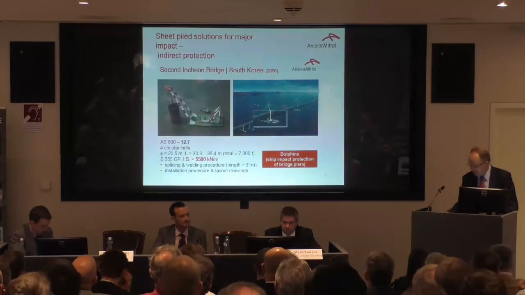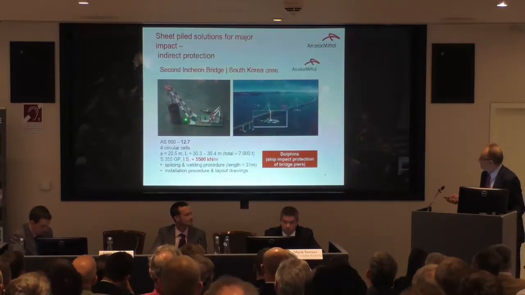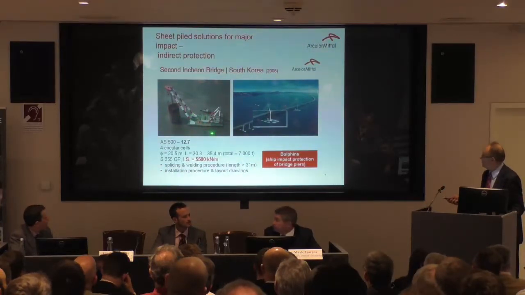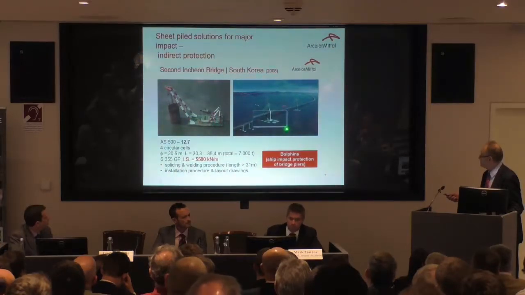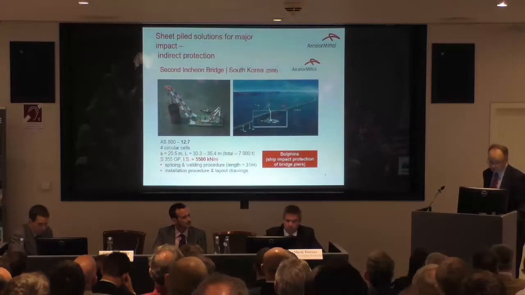And here on the left hand side you can see the straight web cells have been built on land and carried out into position by a very large crane, and then positioned in a series of protective cells around the bridge structure.